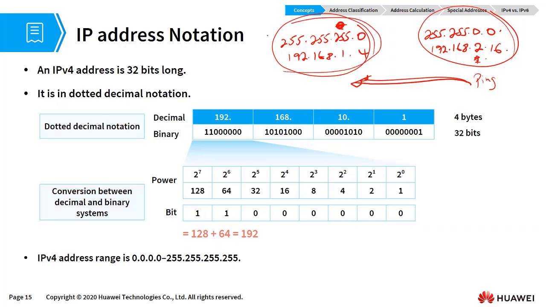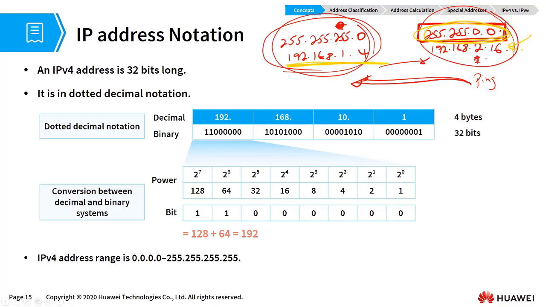The problem will be that PC2 is not able to send back a packet. Because with this subnet mask, listen to this very carefully, this IP address is also in that network.